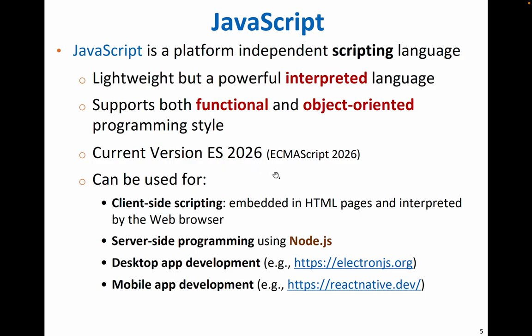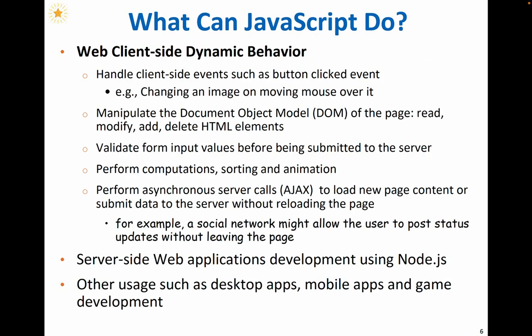And again, as I said, it can be used for client-side scripting, server-side programming, and also desktop and mobile app development. And what can we do now, especially for web design programming?